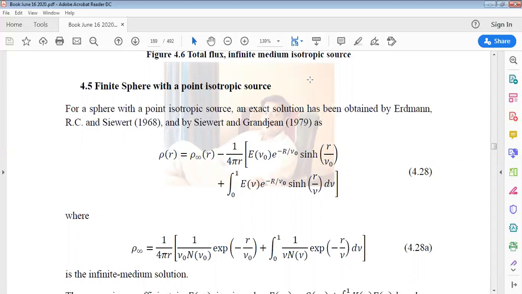Transport theory is very good, I'd summarize, but it's not easy to obtain exact solutions. In the absence of exact solutions, we go to numerical solutions, and it's a very popular and successful route to solving for the neutron flux, the photon flux in any nuclear system.